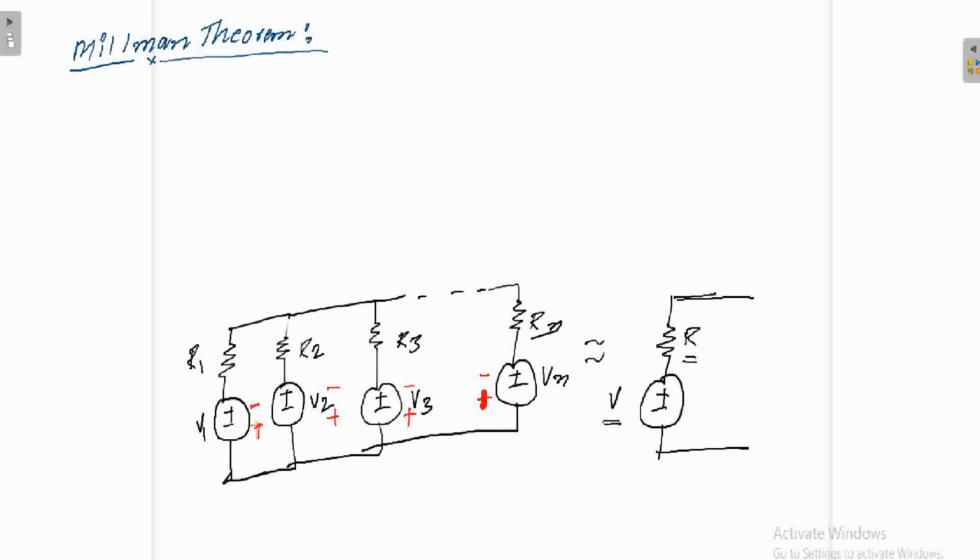According to the value, you have to consider accordingly. So how to find this value V?